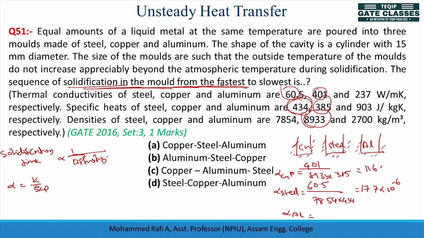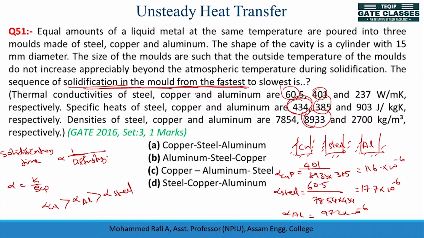Just check using your calculator. So from this you can easily draw the conclusion that alpha copper is much greater than alpha aluminum, which is much greater than alpha steel.